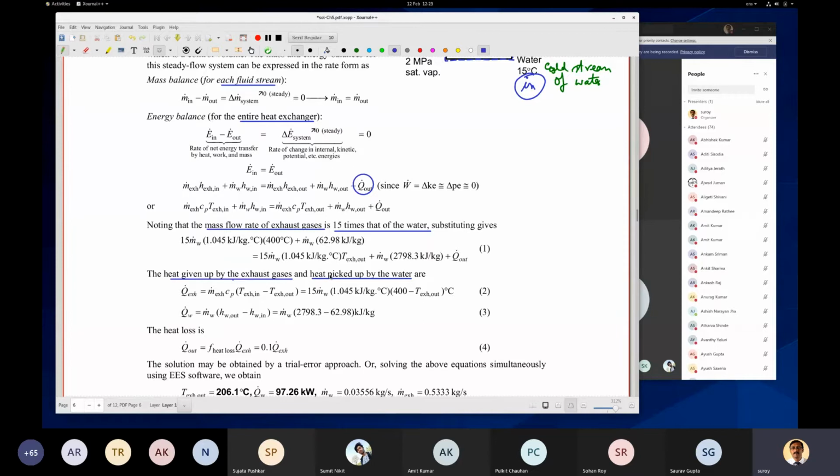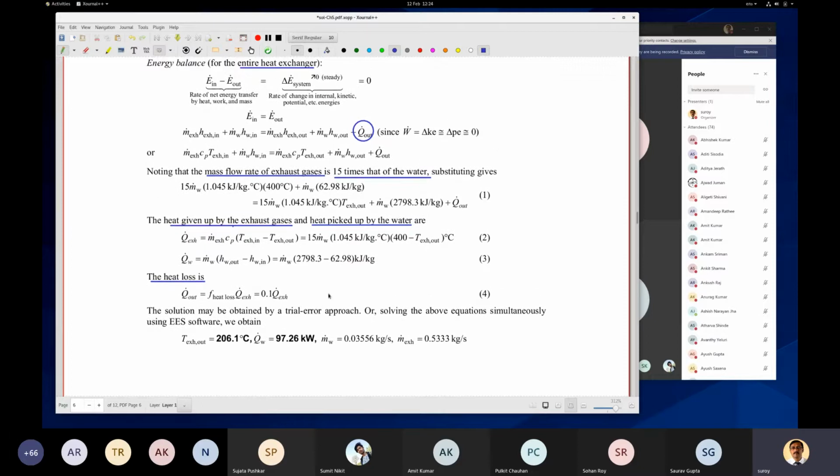If it was completely insulated, then heat given up by the exhaust gases will be equal to the heat taken up by the water. But if some energy is lost, then they'll not be equal. So you can set up another equation and find out the heat loss.